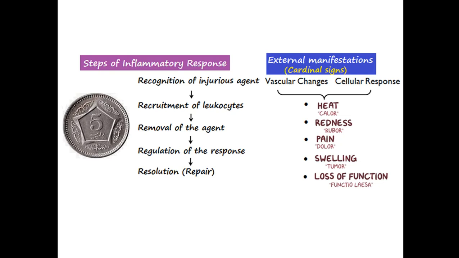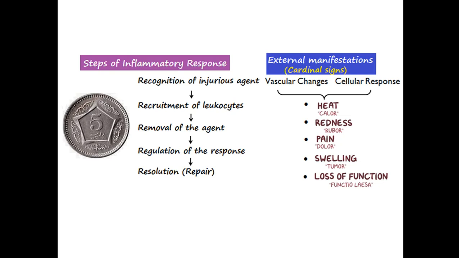The initial events, when external or internal triggers initiate the process of inflammation, will cause two changes: vascular changes, by which we mean changes in the blood vessels and blood circulation, and cellular response, by which we mean carrying the defense cells and leukocytes, recruiting them, and activating them so that they are fully functional to respond to the invading agent.